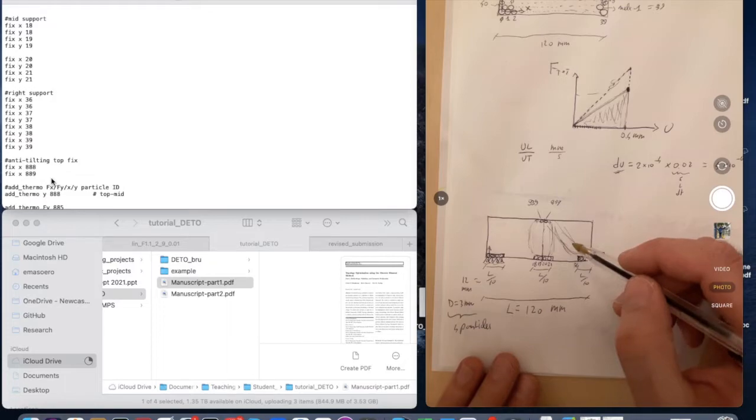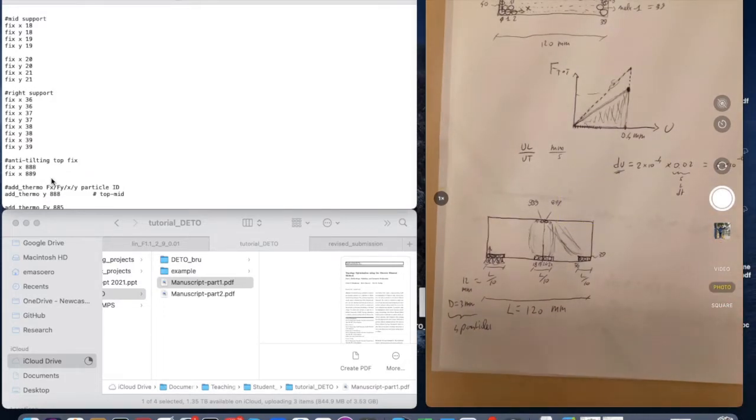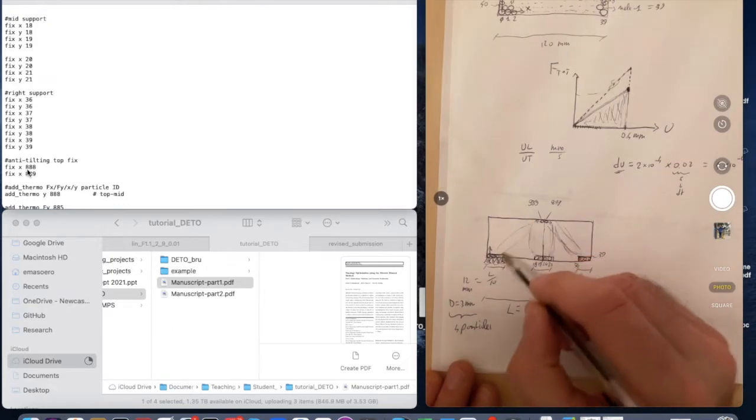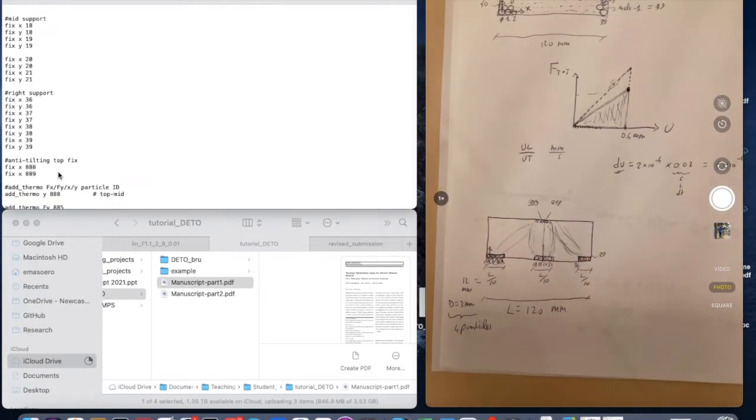So it's just a very specific need for this kind of example where I wanted to enforce symmetry of the final solution. But this is just an additional constraint that is not absolutely necessary in general. So we have everything that we need now.